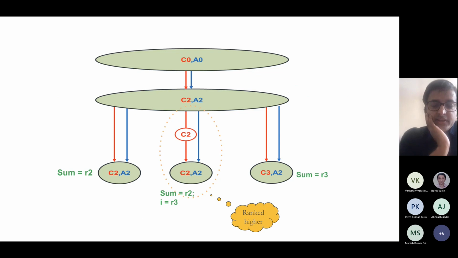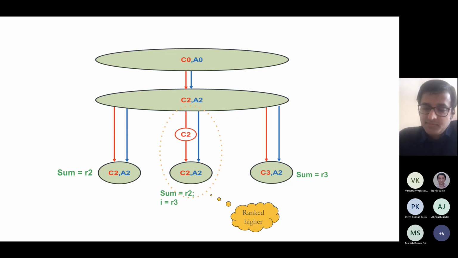So thanks, Sanjeeva, for that question. So actually, this is just a heuristic, by the way. I was just wondering whether your ranking was a... If you notice, they are not even comparable, right? Sum equals R3 and sum equals R2 are not even comparable. Yeah. No, I was just saying that if it's a heuristic, that's fine.